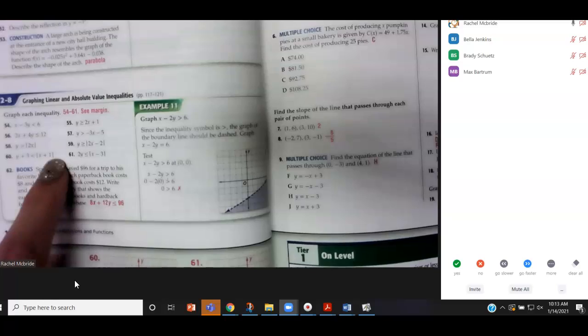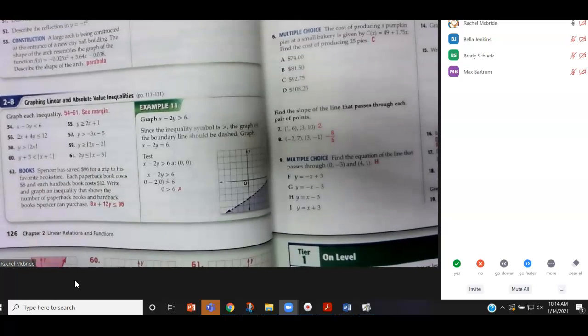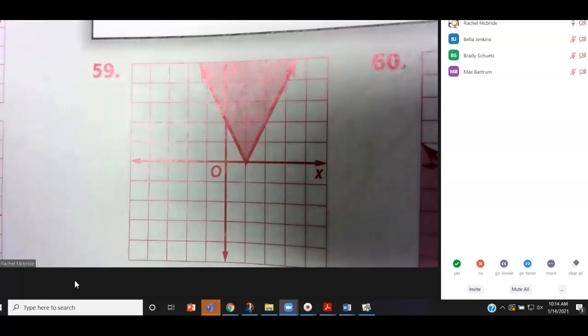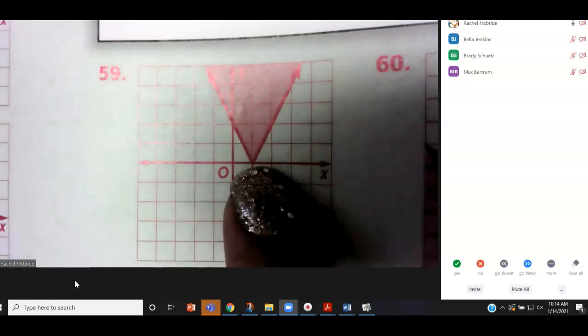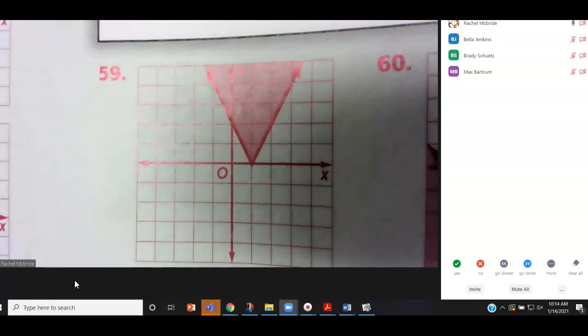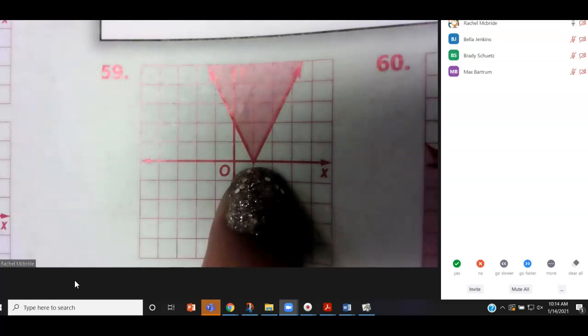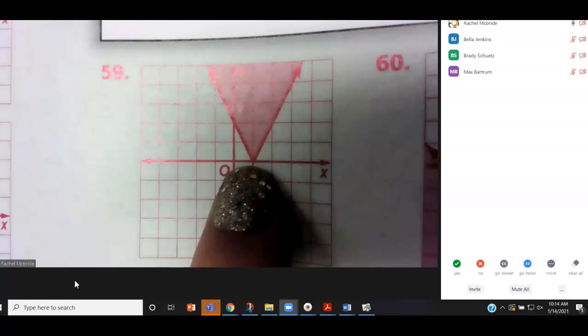And then we jumped over to 59. So 59 is an absolute value. It is solid and shaded inside. Your vertex was at 1, 0, because your graph, its equation was the absolute value of 2x minus 2.